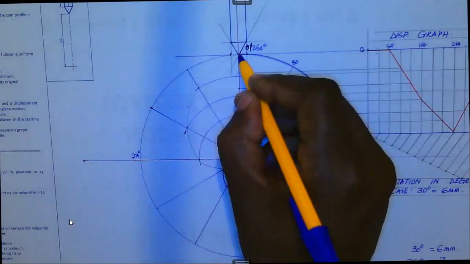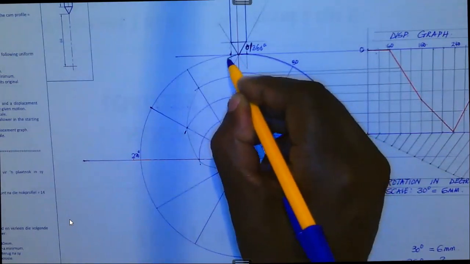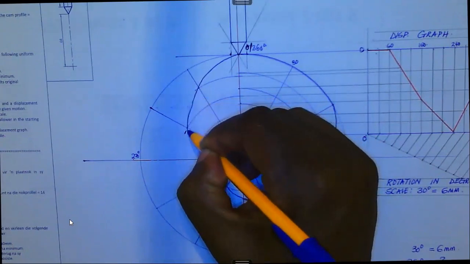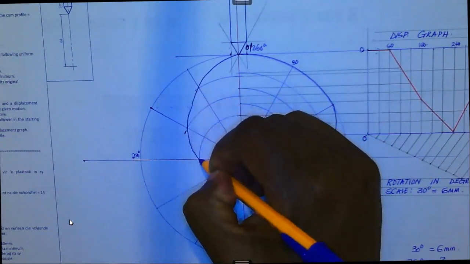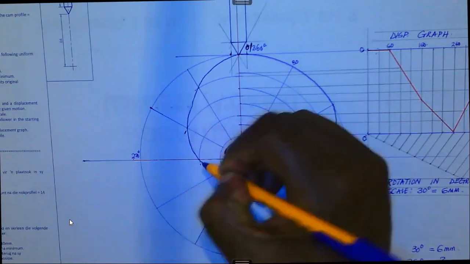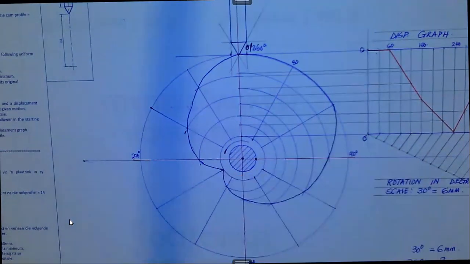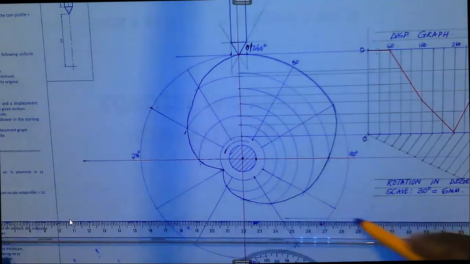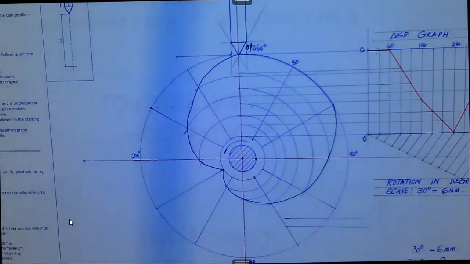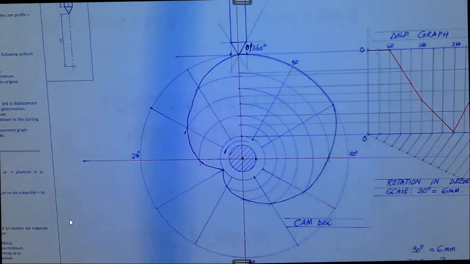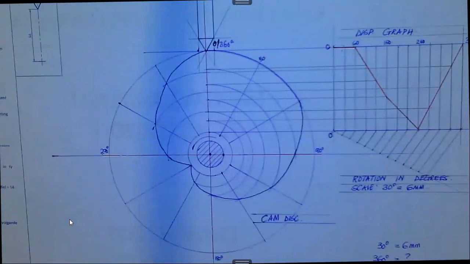And also connect from here. So there you go. That is our cam disk. Then you write nicely at the bottom or at the top, you write cam disk like that, or disk cam, whichever way is appropriate.